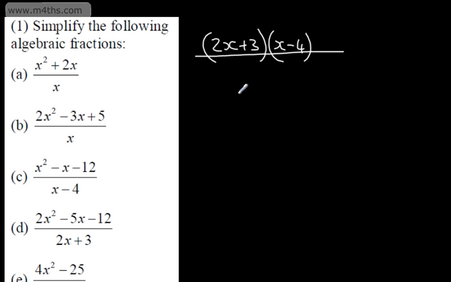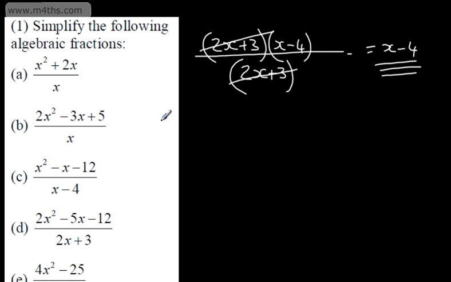So if you need to check that out, please do. And that will now give us 2x plus 3 in the denominator. These are common factors, so we can cancel them. And that's simply going to leave us now x minus 4. Let's just check that. If we did this, we're going to get 2x squared minus 8x plus 3x minus 12.